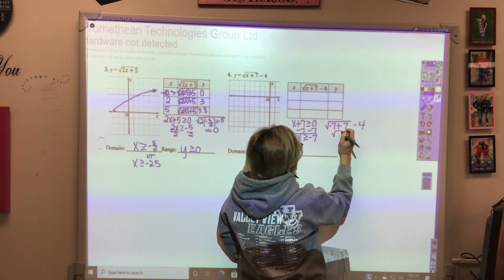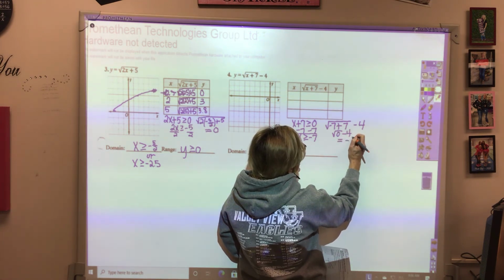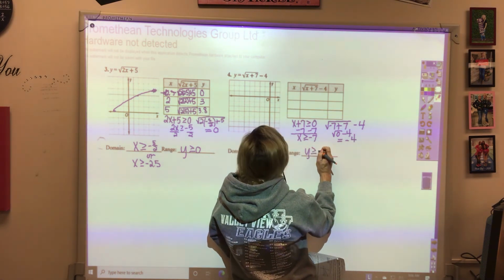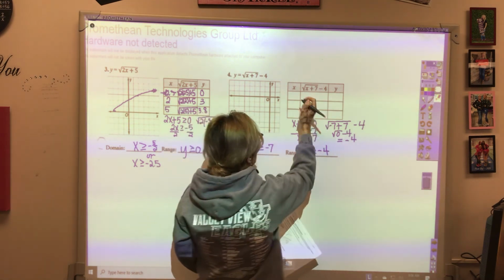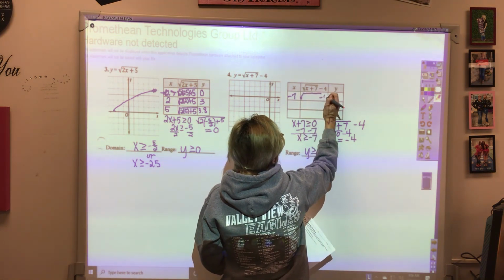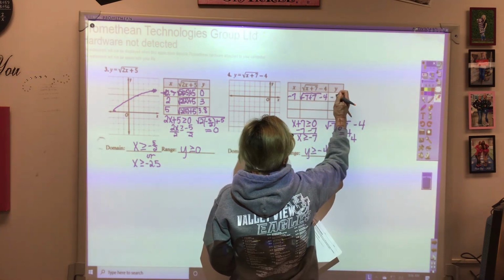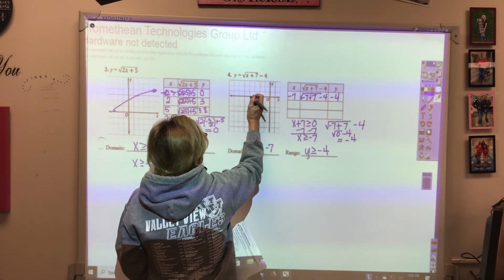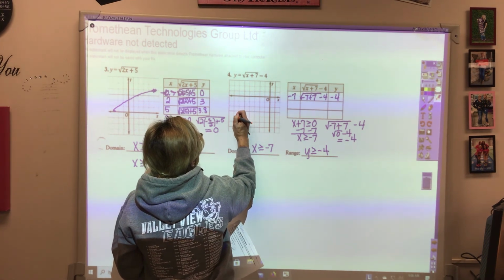Well, this would give us the square root of 0 minus 4, which is negative 4. So y is greater than or equal to negative 4. So negative 7, again, we just plugged it in here. And then you can use your calculator. Gave us negative 4.